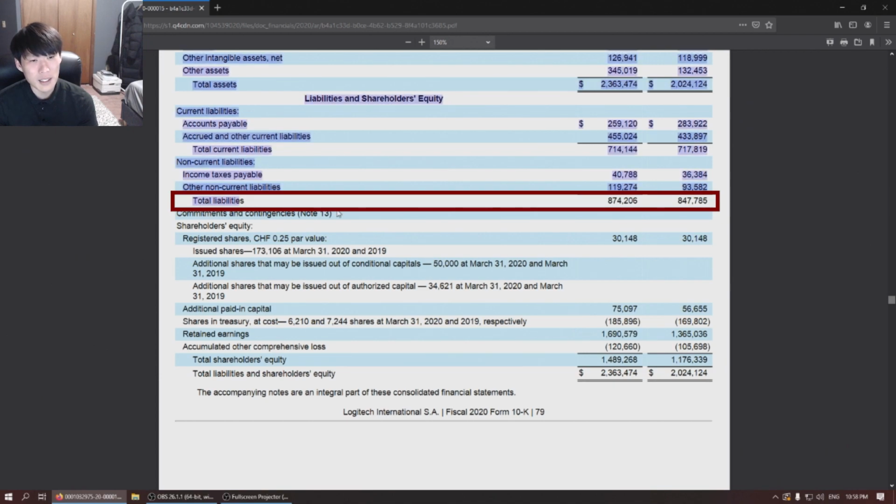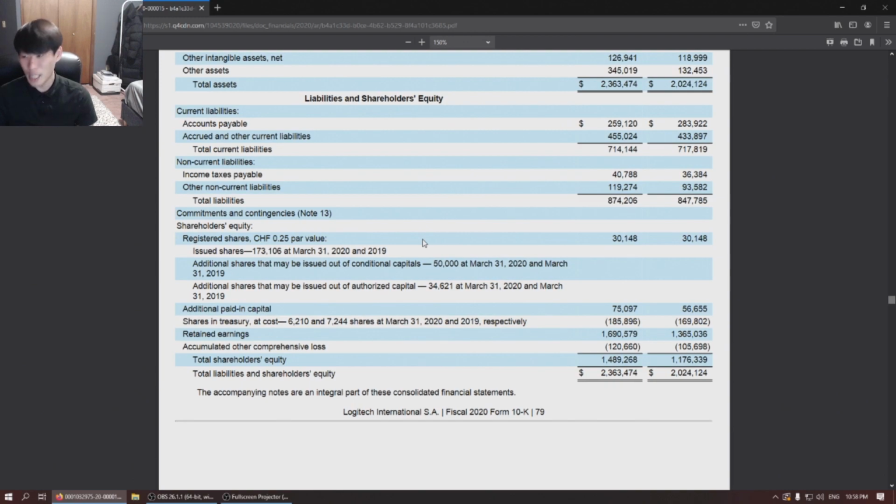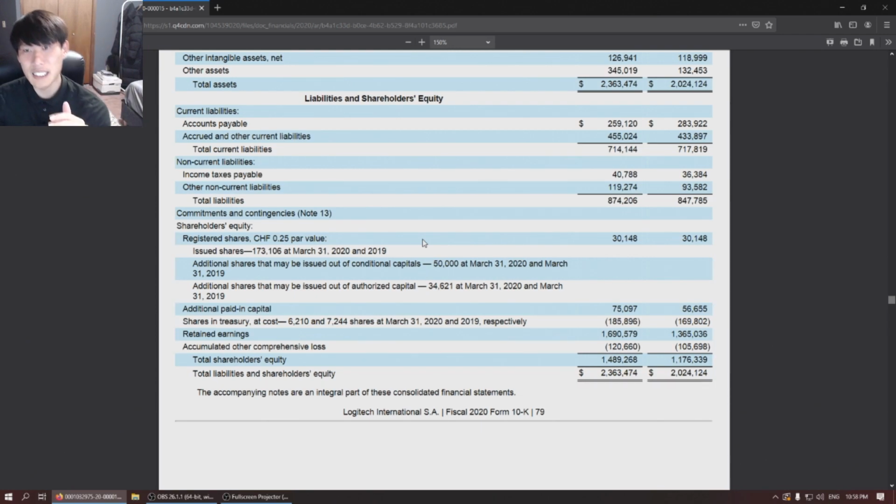And then total liabilities is just the total of all the liabilities. So we sit at $874 million in total liabilities. Okay, shareholders' equity. How do I explain this? Let's think worst case scenario for this. If the company goes bankrupt, what does that mean?